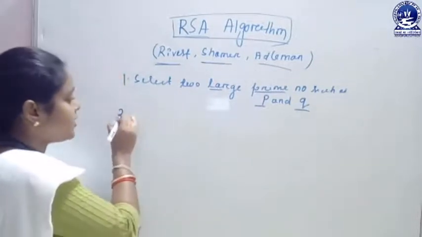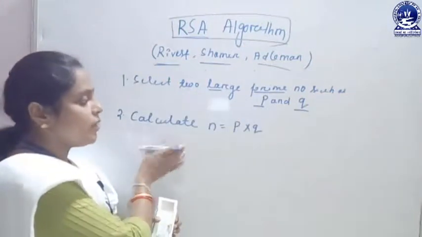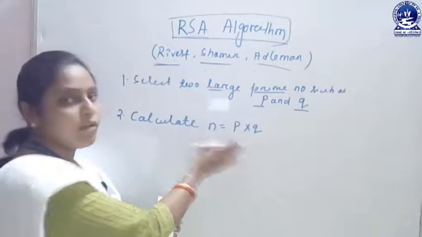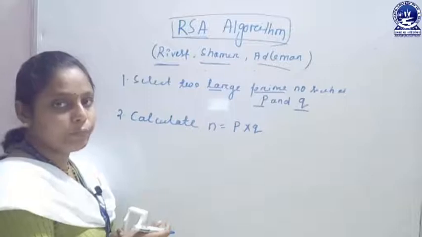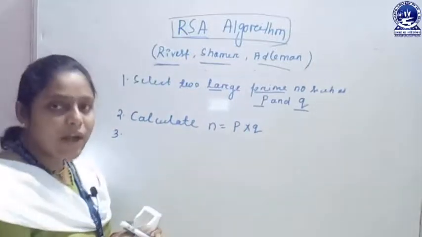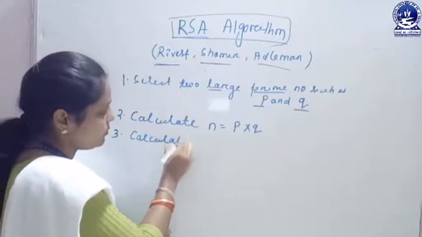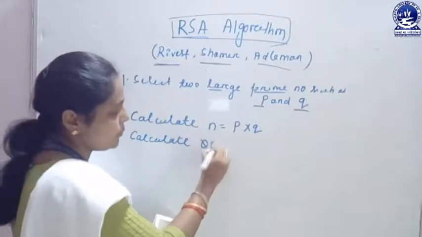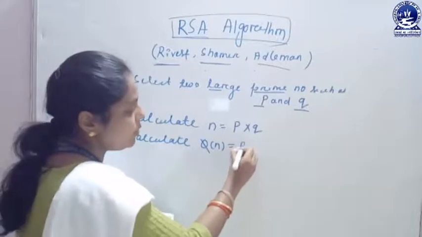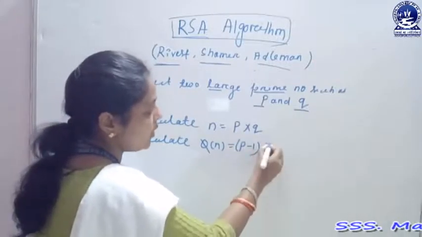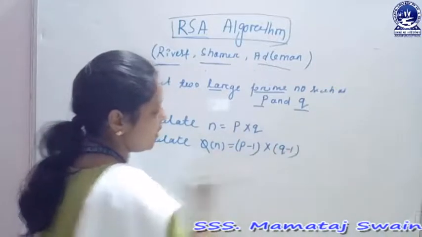Then, in the second step, you calculate n equal to P into Q. Then, in the third step, you calculate phi of n, that is equal to (P minus 1) into (Q minus 1).